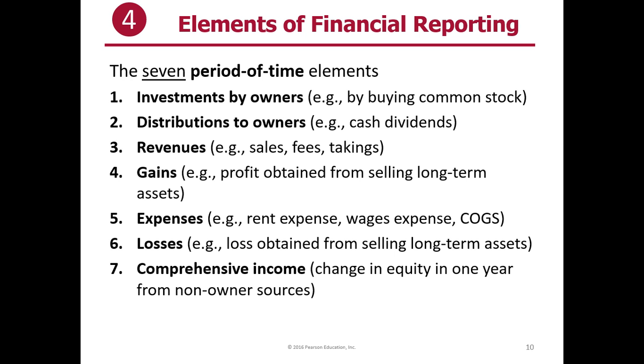Okay, so the 7 period of time elements are the 7 items that you will see in the income statement. Number 1, the main headings of income statements are investments by owners and distributions to owners. Investments by owners are in the form of shares. So they buy shares and their money is placed as capital in the company.